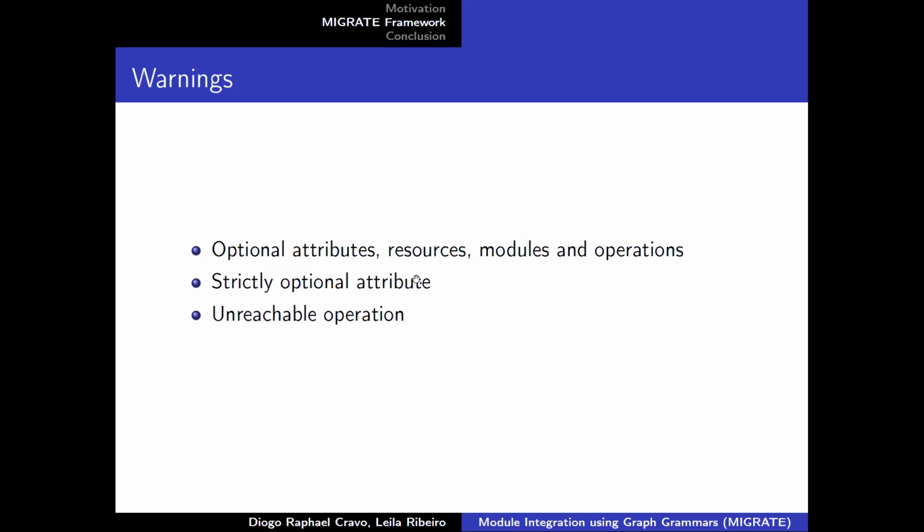We also have strictly optional attributes, which means the same as an optional attribute. The only difference is that a strictly optional attribute is something that is in the path to a required attribute, but doesn't contribute to the value of that attribute. And we also have unreachable operations, which happens when an operation cannot find the information it needs in order to be carried out.